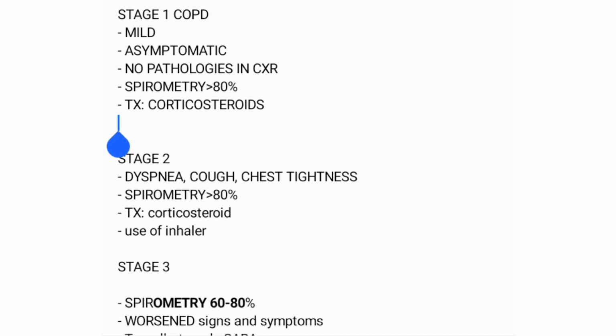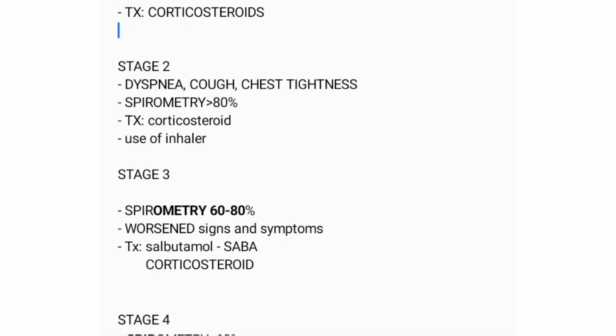Then the spirometry is more than 80%, and for treatment you may use corticosteroids for a short period of time. It's not necessarily long-term, just a short-term treatment with steroids.